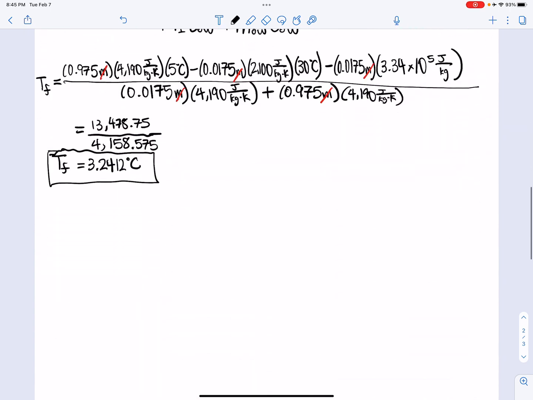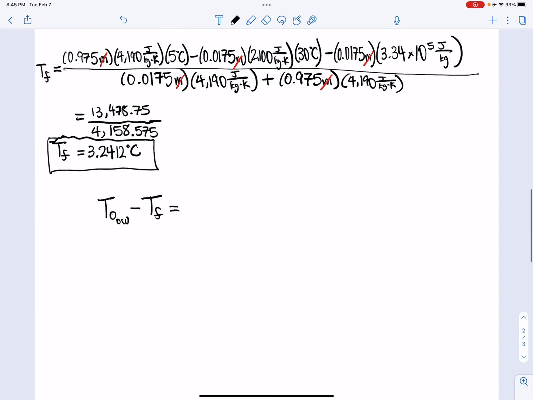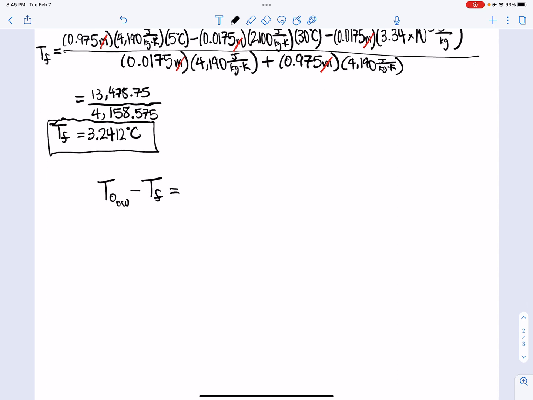So what we'll have is the initial temperature of ocean water minus the final temperature, which is the temperature difference of the ocean, right? That is 5 degrees Celsius minus TF, which is 3.24 degrees Celsius, and that's equal to 1.76 degrees Celsius.